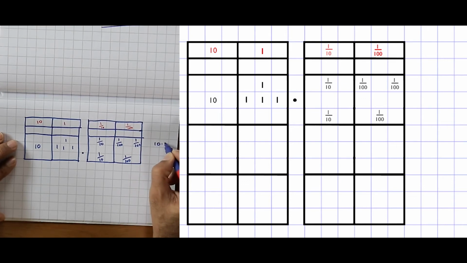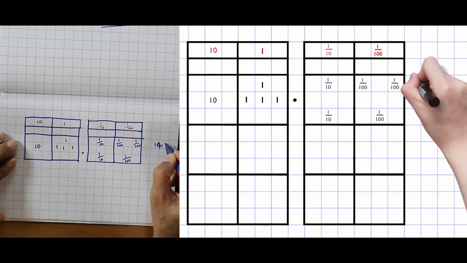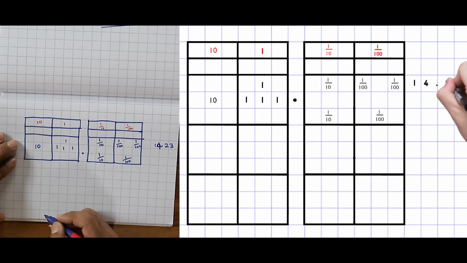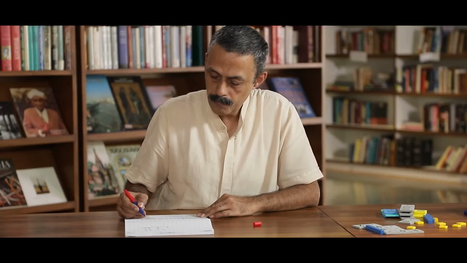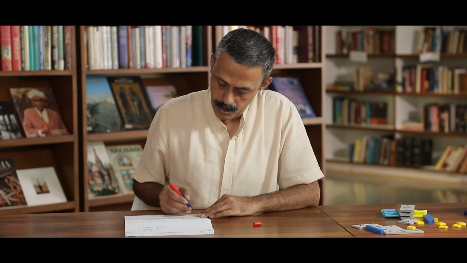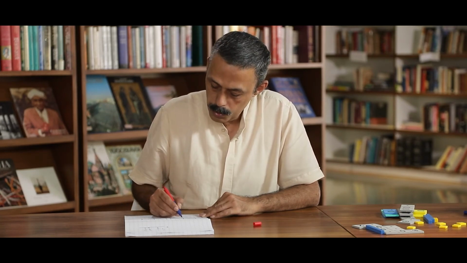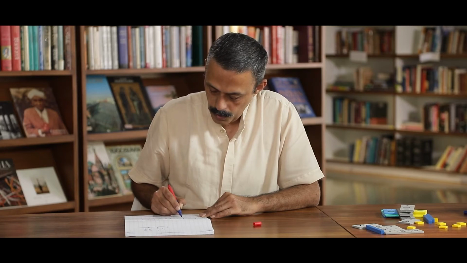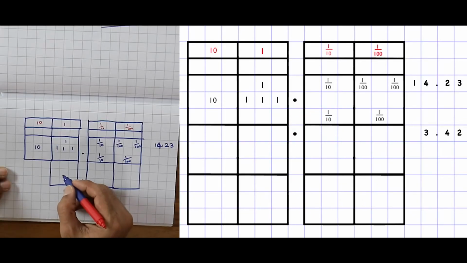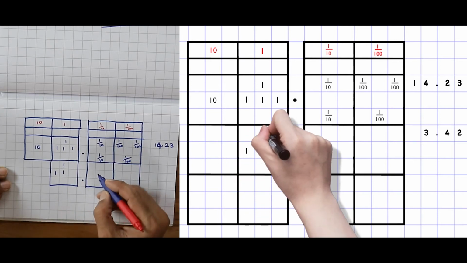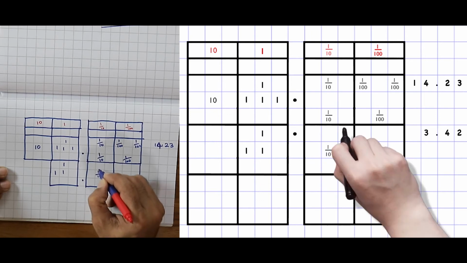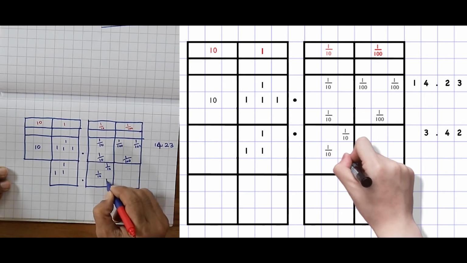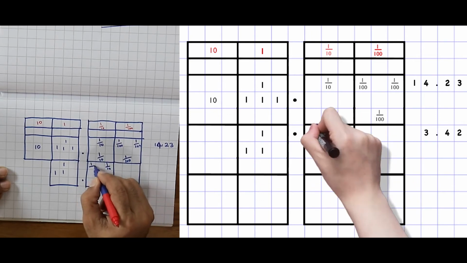So this is 14.23. I have written it in the first place value box. Second number is 3.42. So there are 3 in the units. There are 4 in the 1/10ths, we have 4 of them.